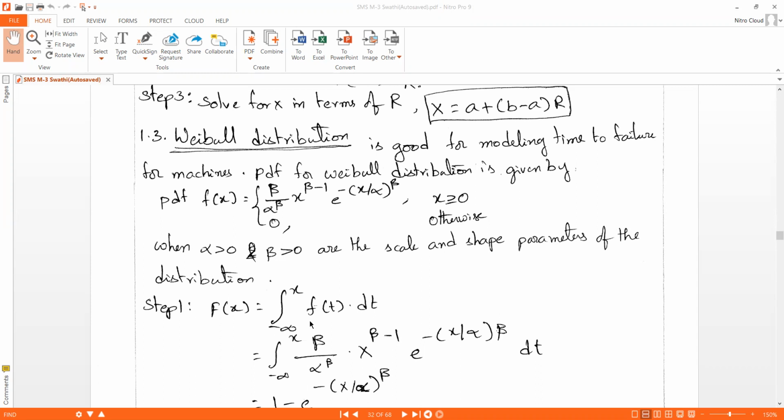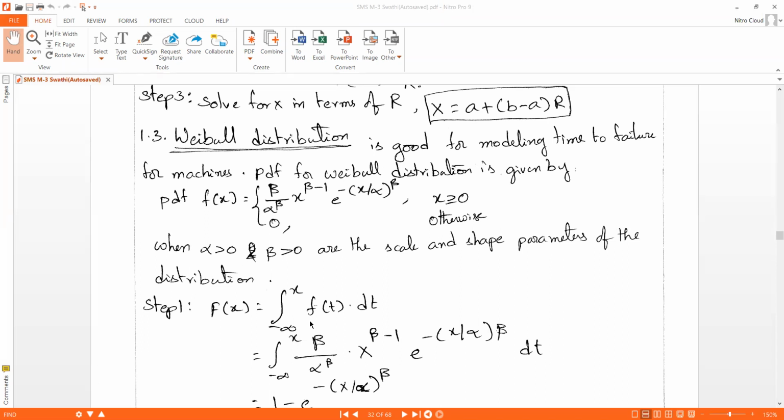The PDF for the Weibull distribution is given by f of x equal to beta divided by alpha power beta into x power beta minus 1 into e power minus (x by alpha) power beta, when x is greater than or equal to 0.